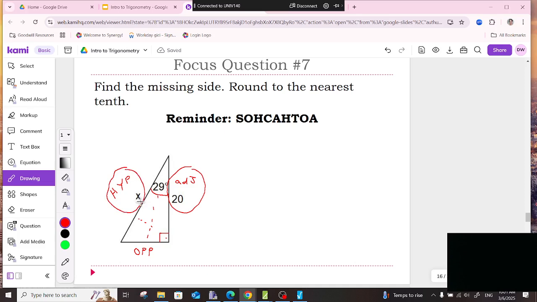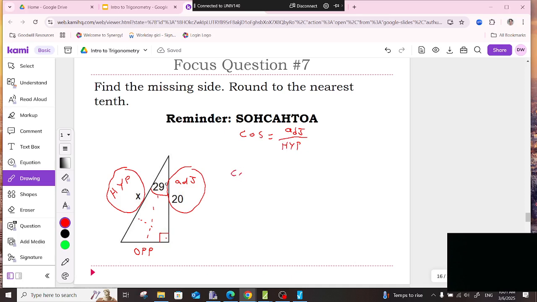Now, go back in your notes. Which trig function uses adjacent and hypotenuse? Does everybody see it's cosine? Cosine is equal to adjacent over hypotenuse.